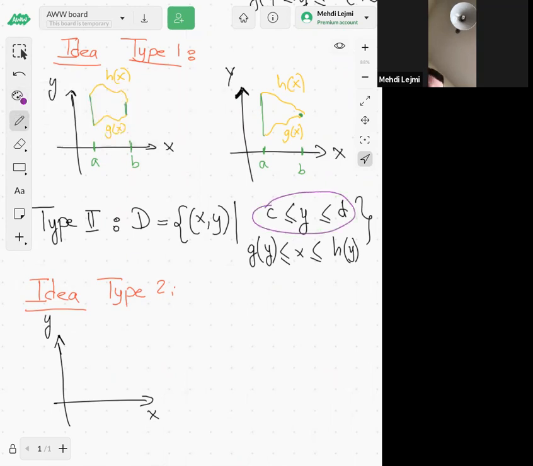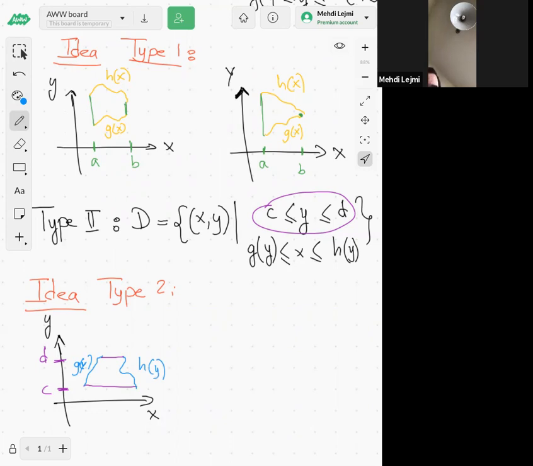So let's say you have a c here, some d here. At c, you're gonna have a segment, and at d, another segment. And then, again, you're gonna connect the two segments using these functions, g of y and h of y. So this is g of y, and this is h of y.